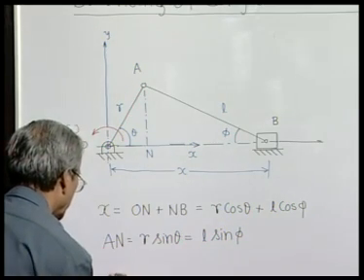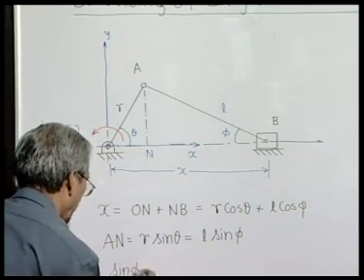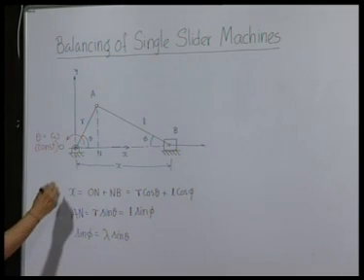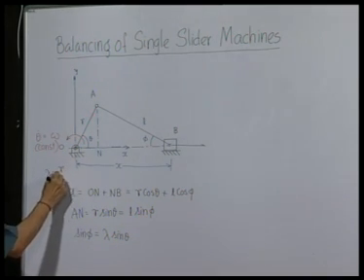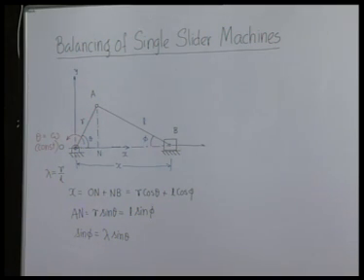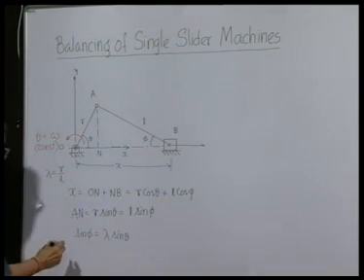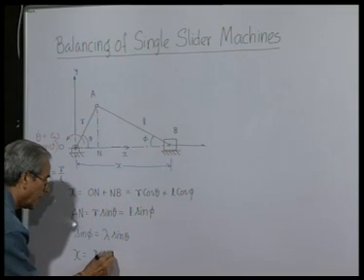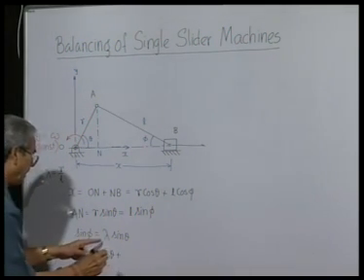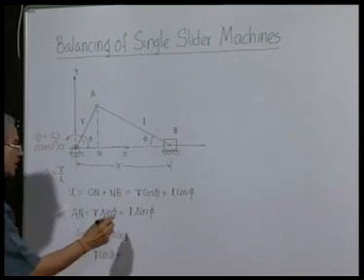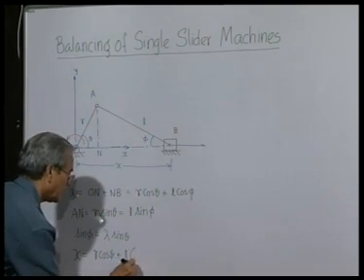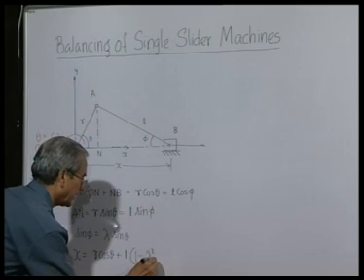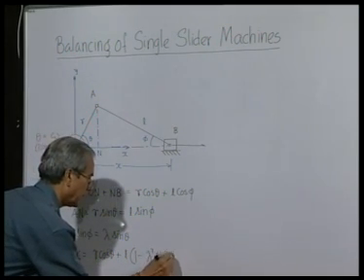So, therefore, we can express sin phi as lambda sin theta, where of course, lambda is equal to r by L. So, this cosine phi we can then replace, x will be then r cosine theta plus L into lambda, L into 1 minus sin square phi, that is lambda square sin square theta, to the power half.